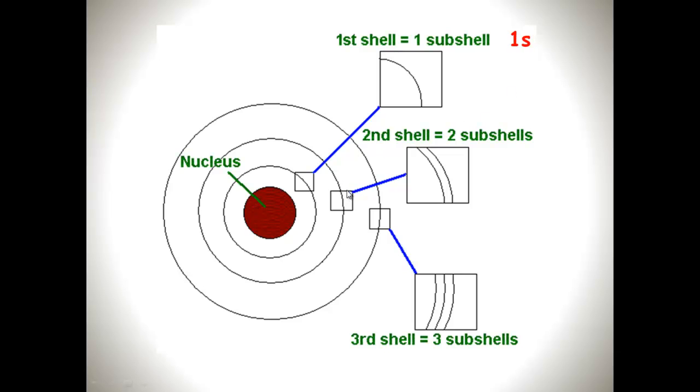The second shell contains 2 subshells, and these are the 2S and the 2P subshells. The 2 representing that it's in the second shell, and the S representing the S subshell, the P representing the P subshell. The third shell here contains 1, 2, 3 subshells, and these are the S, the P and the D subshells.